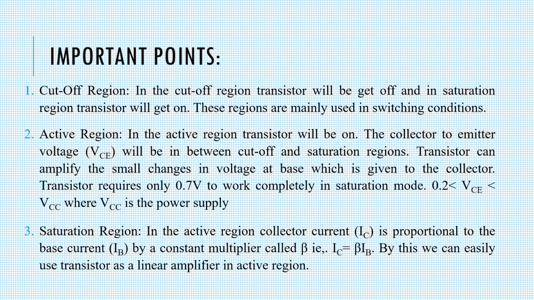Just now we have seen point A and point B. Point A is the saturation region and point B is the cutoff region. The transistor can amplify the small changes in voltage at the base, which is given to the collector. The transistor requires only 0.7 volt to work completely in saturation mode.